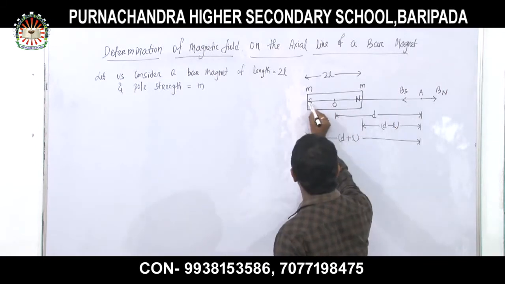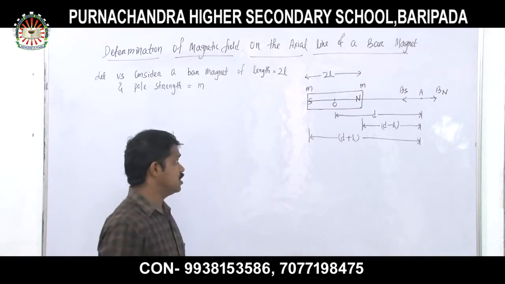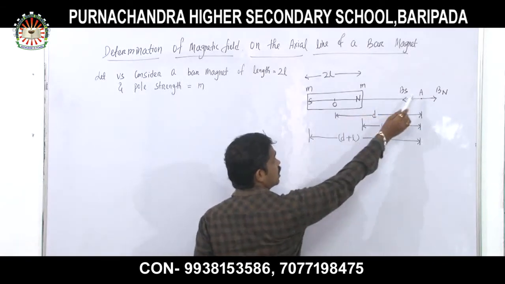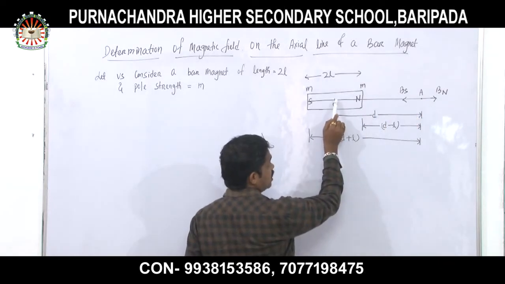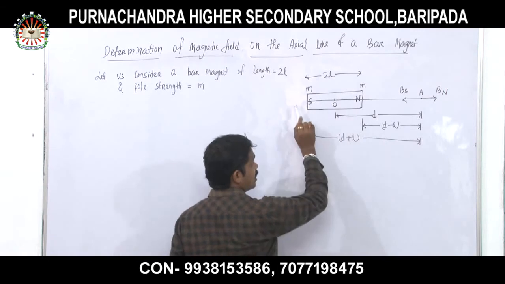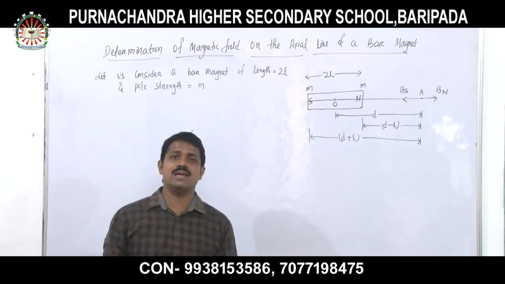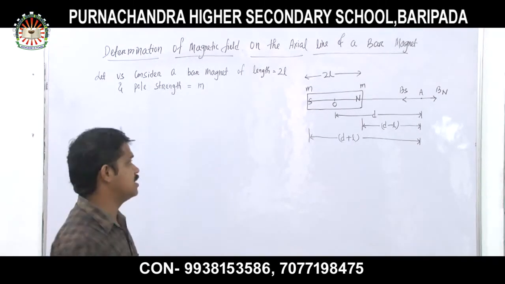Clear? Here, this is AO. The line passing through this O, the center of the bar magnet, is called your axial line.